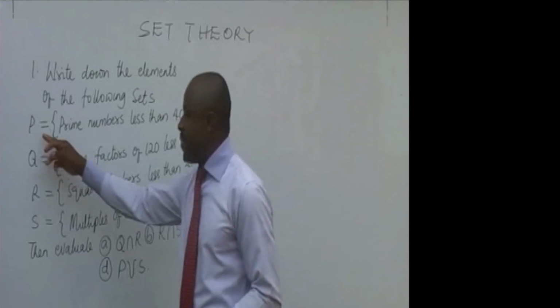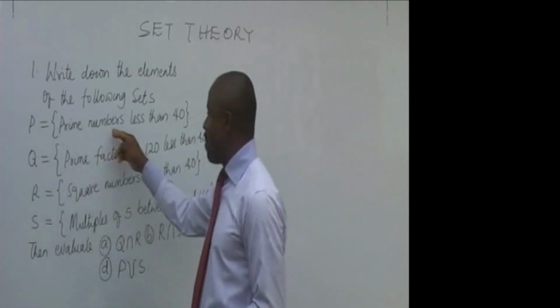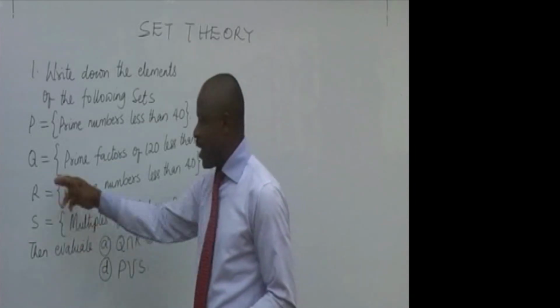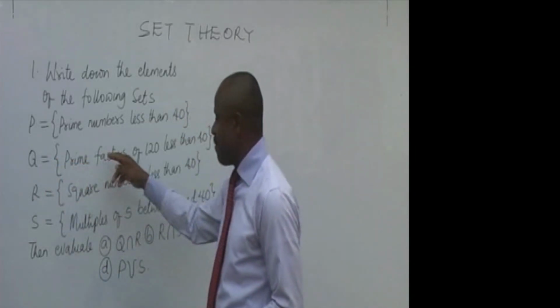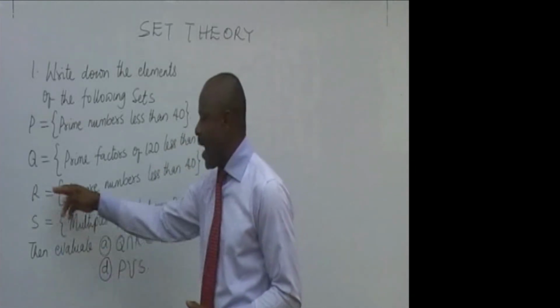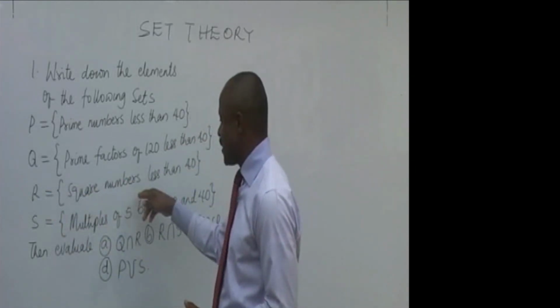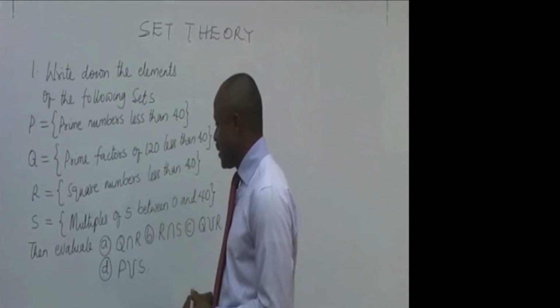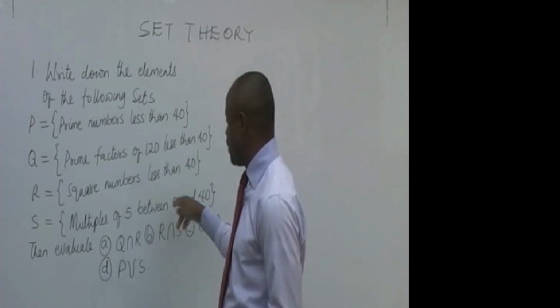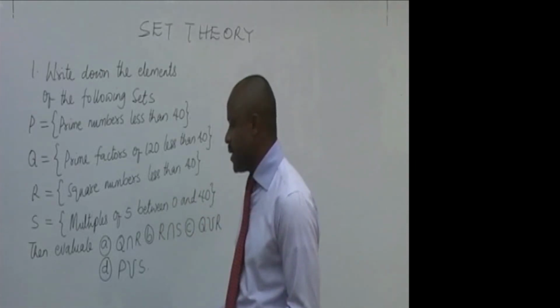The sets are P, prime numbers less than 40. Q, prime factors of 120 less than 40. R, square numbers less than 40. S, multiples of 5 between 0 and 40.